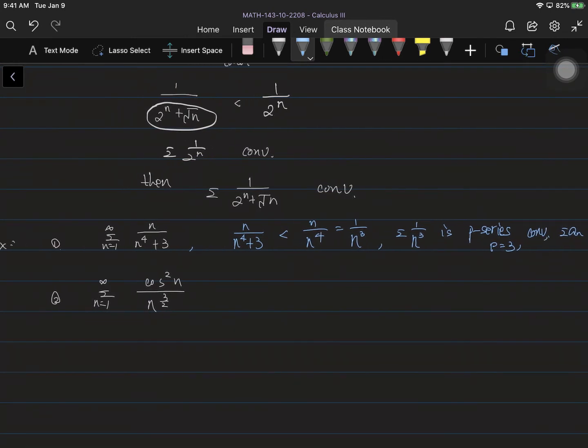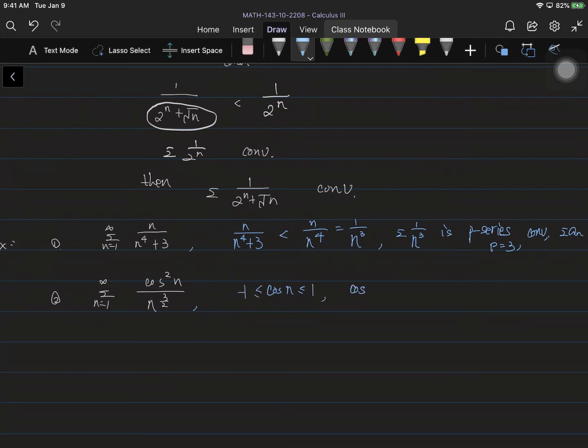Next one. Whenever we see cosine, do you still remember when we learned the sequence, we have a sandwich theorem. Whenever we have cosine or sine, we have this property: cosine n is always in between 1 and -1.